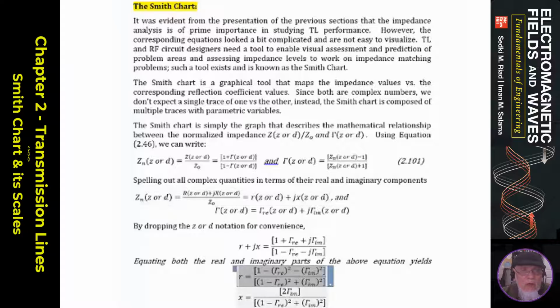Going from here to there is really straightforward. All you need to do is take this complex ratio and separate it into real plus imaginary, and then equate the real to the real, imaginary to the imaginary. It shouldn't take you more than 5 minutes if you sit on the side with a piece of paper and a clear mind and do the development.